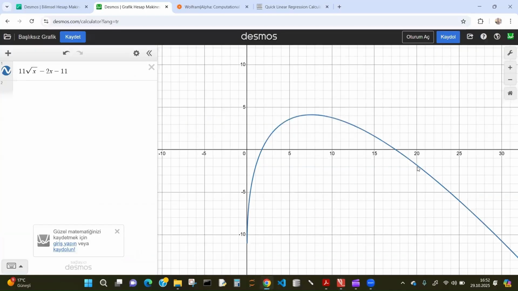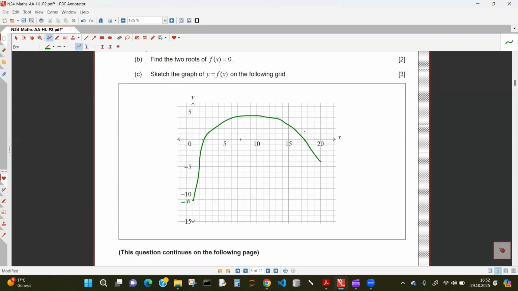And maybe check the 20 is going to minus 1.8. So minus 1.8 means almost here. I will draw it again. Yeah, something like this.